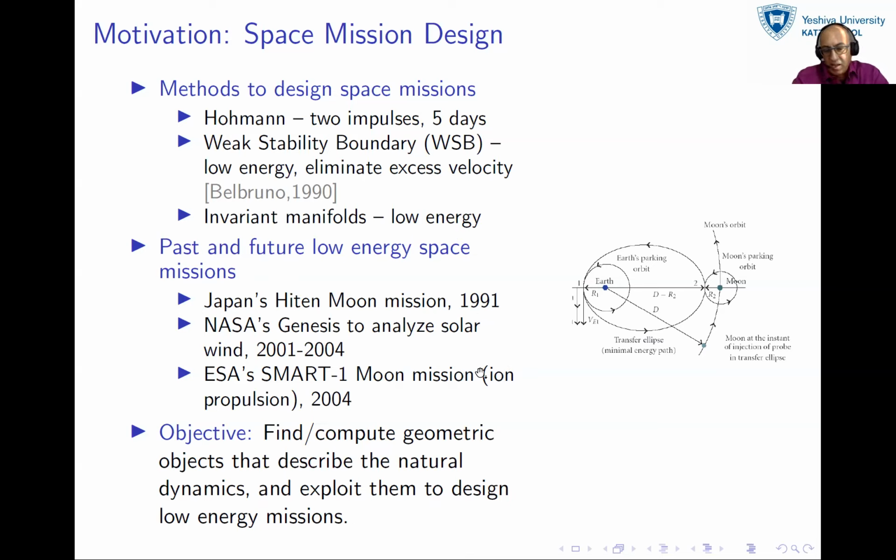But NASA and the European Space Agency use low energy space missions in several other situations. And there are actually several missions that use low energy, but I'm only mentioning just 2 of them.